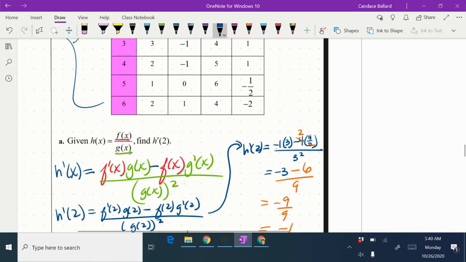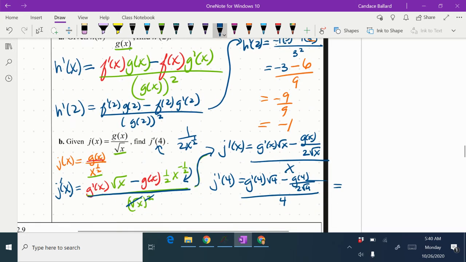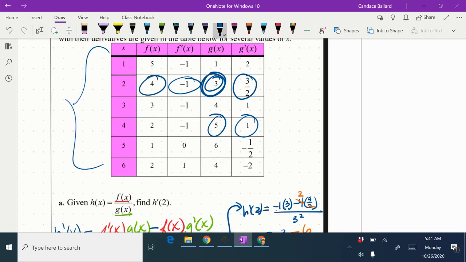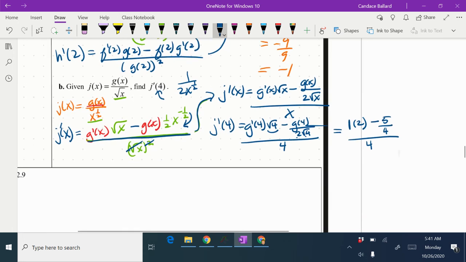So g prime of 4 is 1. So I get 1, and then the square root of 4 is 2, minus g of 4. So g of 4 is 5. So 5 over, and then the square root of 4 is 2, times 2 is 4, all over 4.